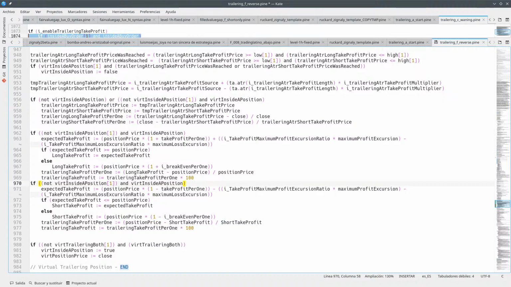So as it is the same thing, it means that the expected take profit, long take profit, short take profit.